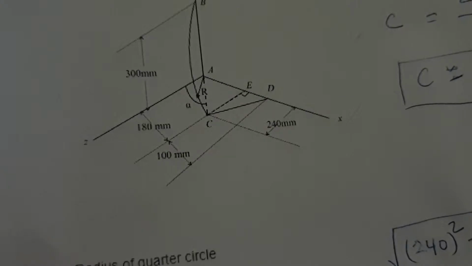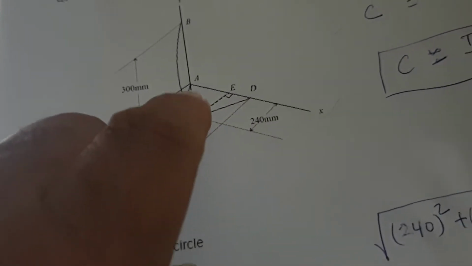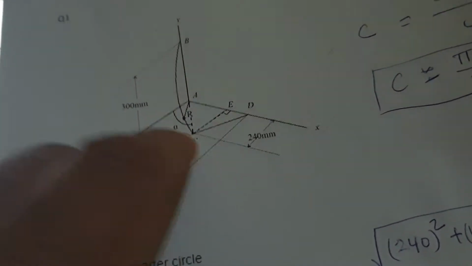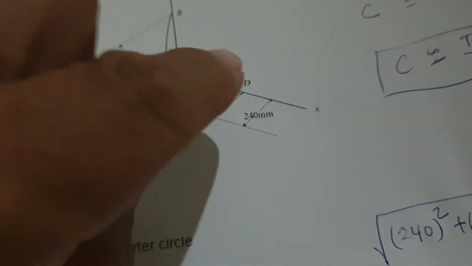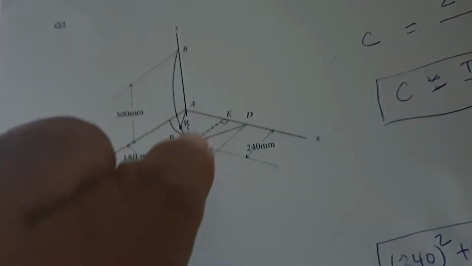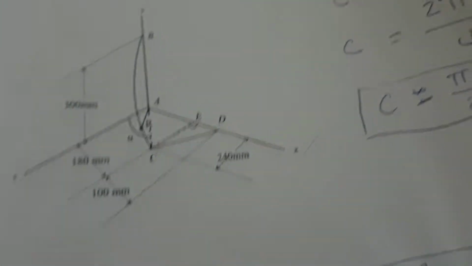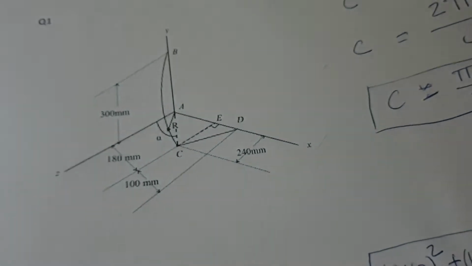So the radius of the quarter circle is AC. AC is the radius, and also AB is the radius, because it's a quarter circle. It goes from B to C. So AC and AB is the radius, and the radius is 300 because AB is 300 millimeter.